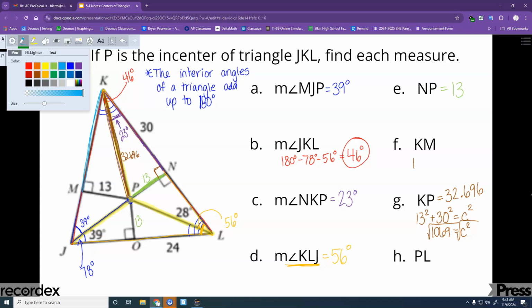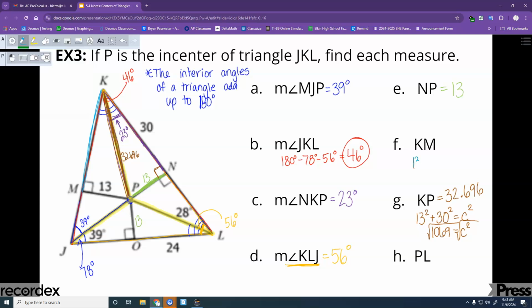This time, 32.696 is my hypotenuse, so I'd have 13 squared plus b squared equals 32.696 squared. 13 squared is 169, plus b squared equals 1069 if you use the exact decimal.